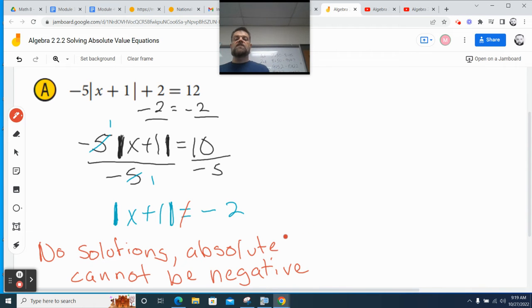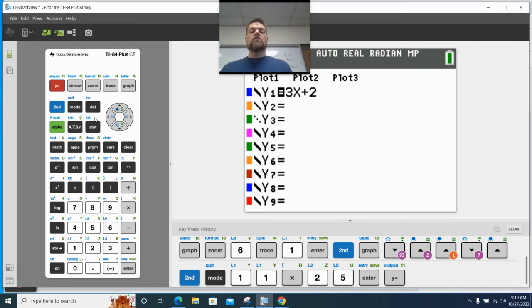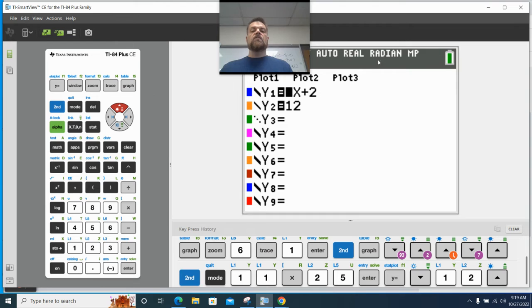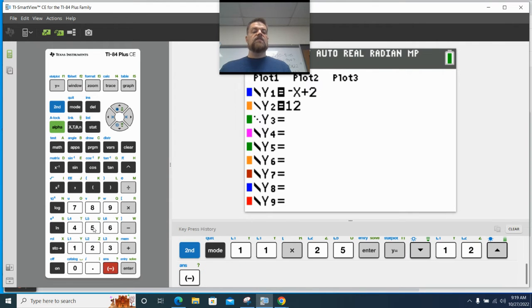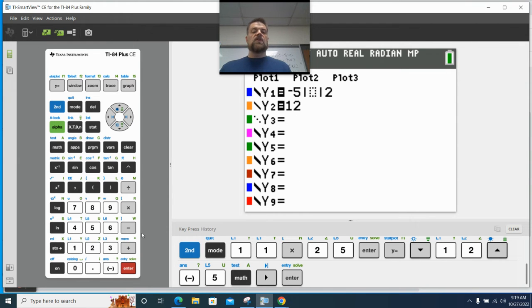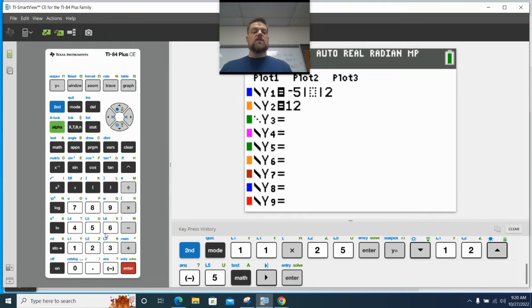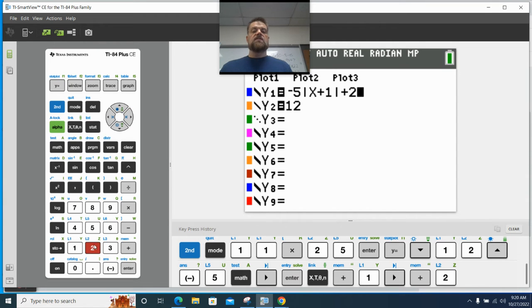Now let's see what that looks like graphically. So grab your graphing calculator, go to y equals. The constant was y equals 12, and then the other one was negative 5 times the absolute value of x plus 1, plus 2.